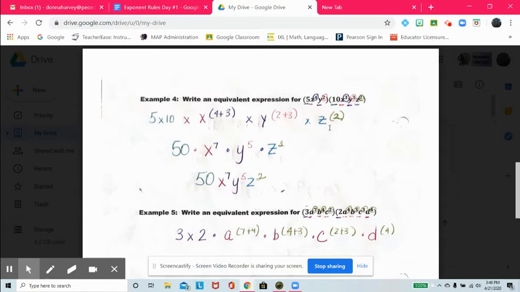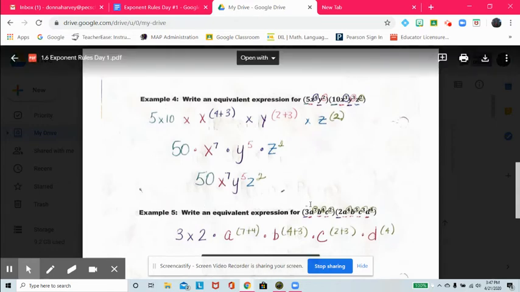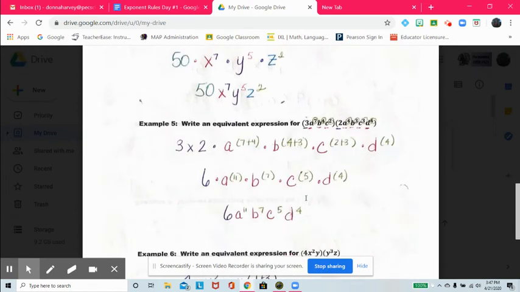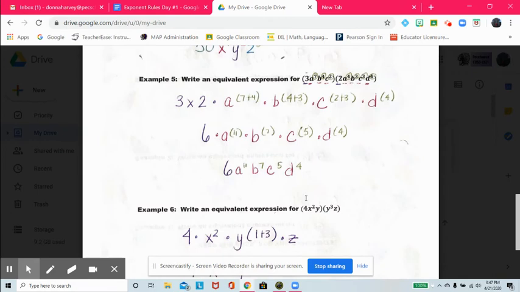Since there's only one z, we're just going to have z squared. So 5 times 10 is 50, times x to the 4 plus 3 which is 7, times y to the 2 plus 3 which is 5, times z squared. So your answer is 50, x to the 7th, y to the 5th, z squared. You can see I kind of color-coded this for you so you can see where I'm matching up what letters and what exponents.